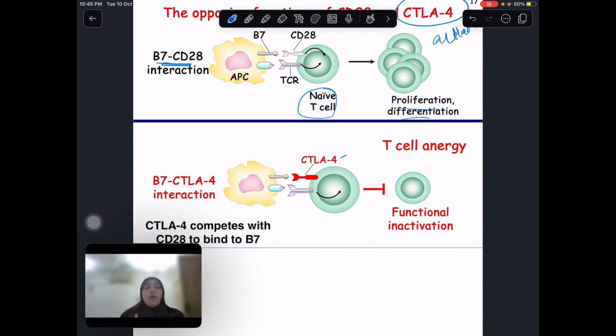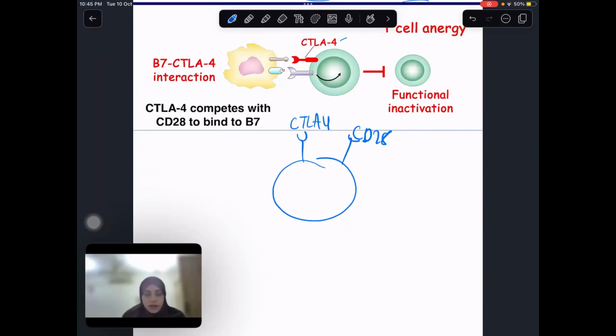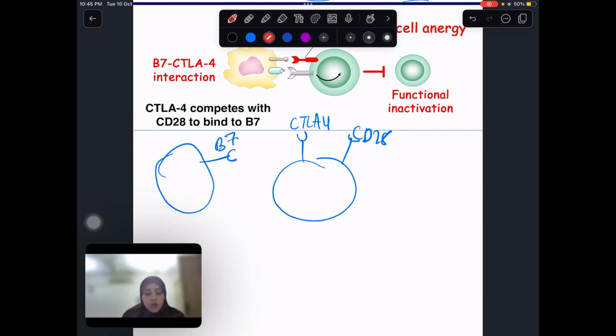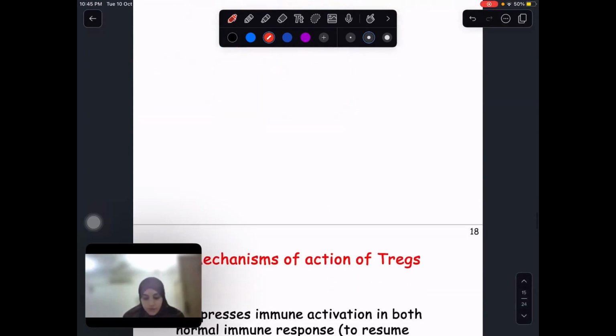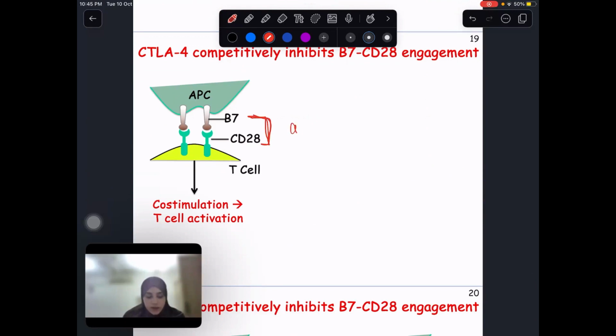CTLA4 will always win. So I have CTLA4 as well as CD28, and they're competing for the B7. Who's winning? CTLA4 always wins, because it has higher affinity to the B7. As I told you, this is normal when there's activation.